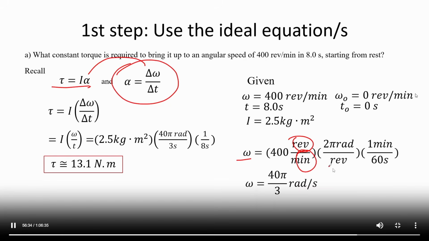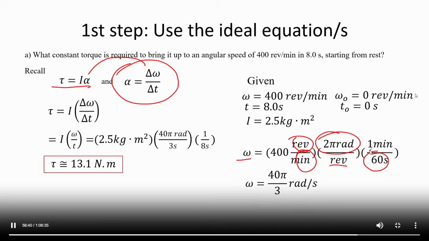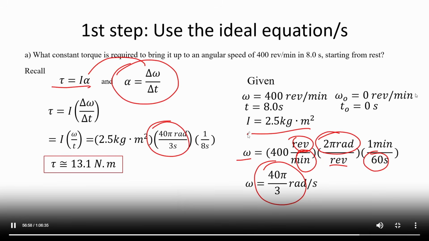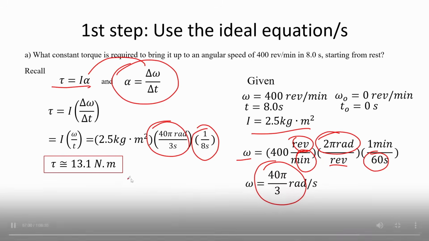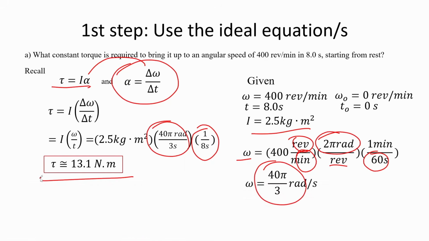We multiply, since 1 rev is equal to 2 pi radians and 1 minute is 60 seconds. So the angular velocity after time t equal to 8 seconds is 40 pi over 3 radians per second. Substituting that here, the moment of inertia is 2.5 kilogram meter squared over the time t, which is 8 seconds. And this gives you the constant torque of around 13.1 Newton meter for this scenario.